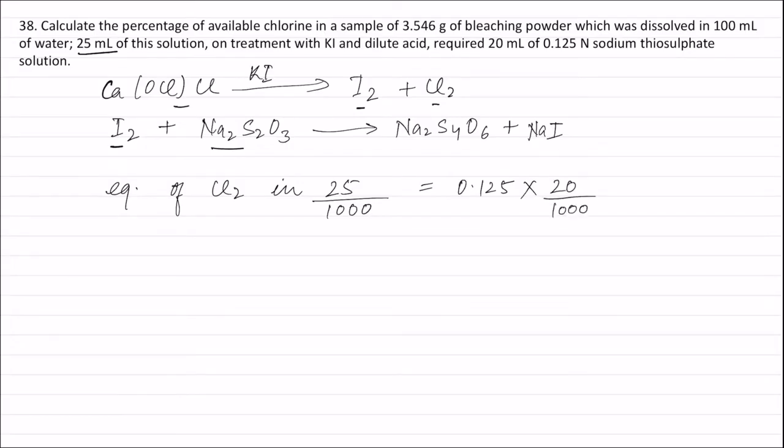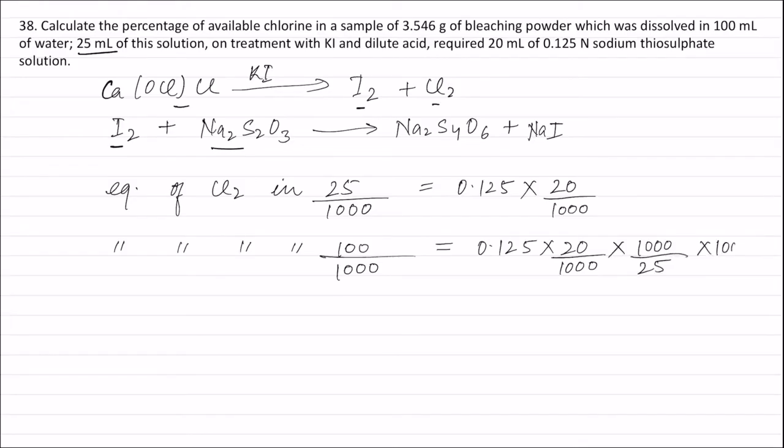And from this, the equivalence of chlorine in 100 by 1000 liters of solution will be equal to 0.125 into 20 by 1000 into 1000 divided by 25 into 100 by 1000, and this is equal to 1 by 100 equivalents.